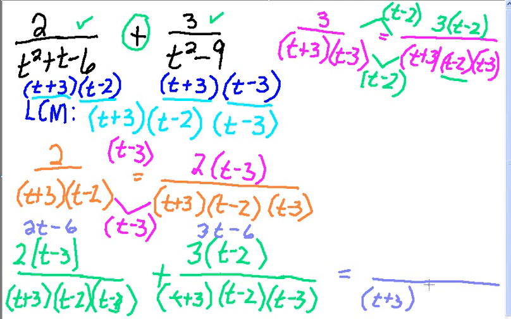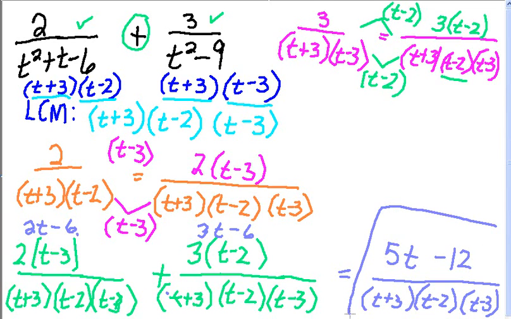So my denominator is going to be t plus 3, t minus 2, and t minus 3. And then I perform the operation in the numerator. So here I'd have 2t plus 3t, so I'm going to end up with 5t. And here I'd have a negative 6 plus a negative 6, which is going to give me minus 12. So this is my answer.